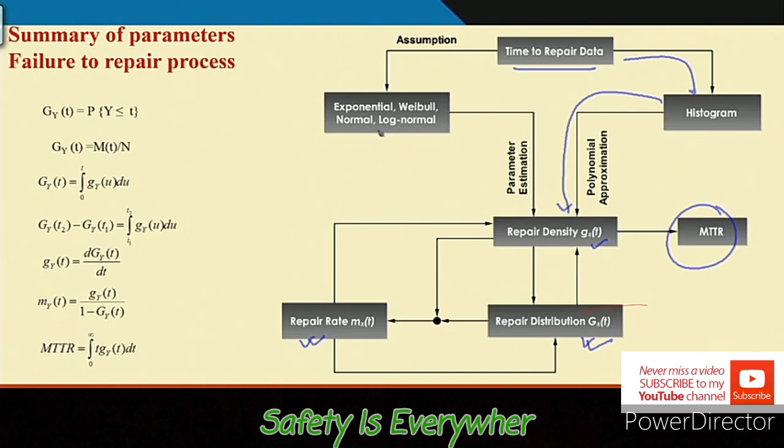For the repair process, many times we use the log normal distribution. That means if time to repair data follows a log normal distribution, that is another path. You find the assumptions, estimate the parameters, then you get this, and again you find out all the other things.